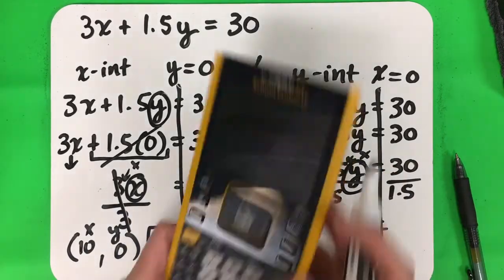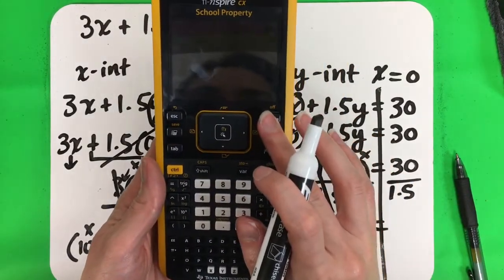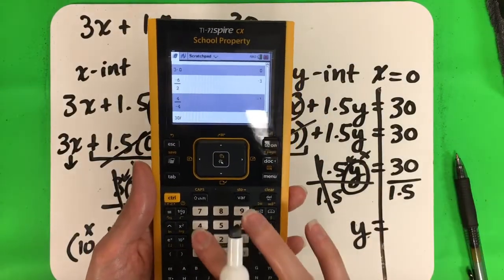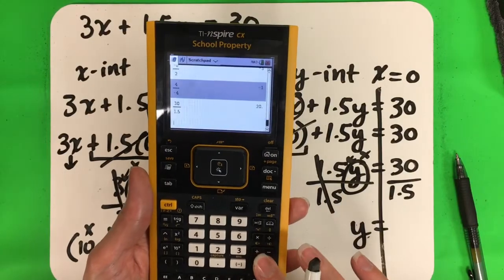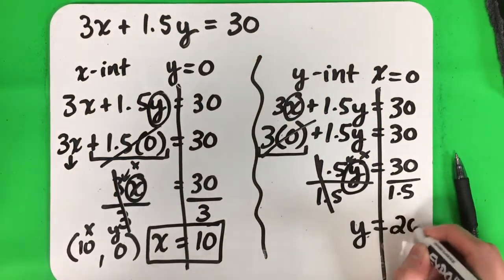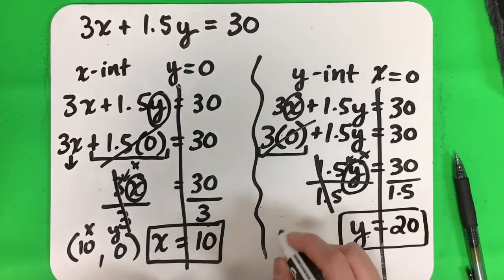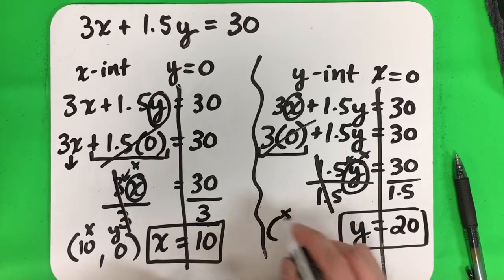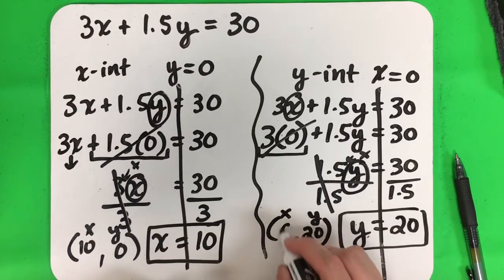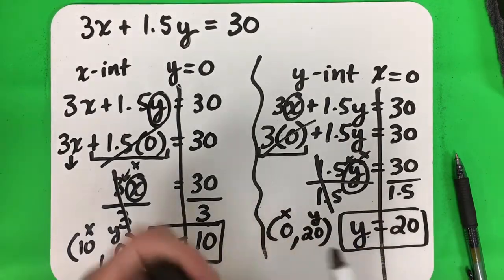I need to put that in the calculator. So 30 divided by 1.5, enter. I get 20. Okay, so I got x here, y here. Y is 20, x is 0. There we go.